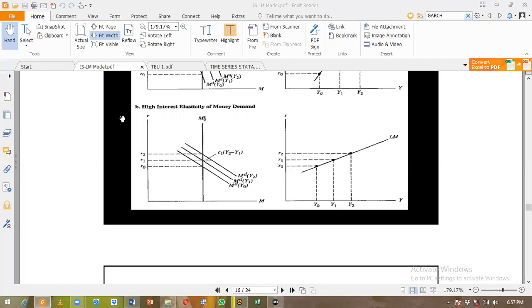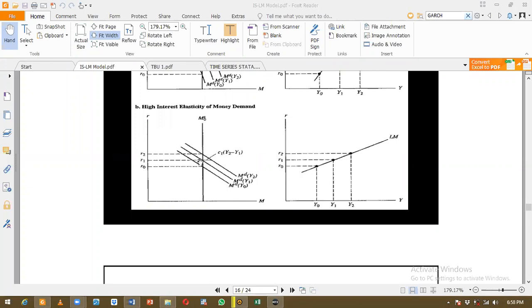Okay. So assuming we are starting from y0 with r0, this is our demand for money, MD(R, y0). Now there's an increase in income. Look at the size of the increase from y0 to y1. That is causing the money demand to shift upwards.